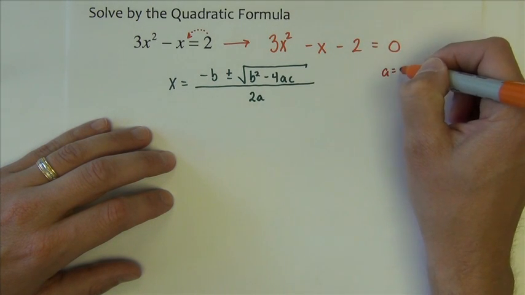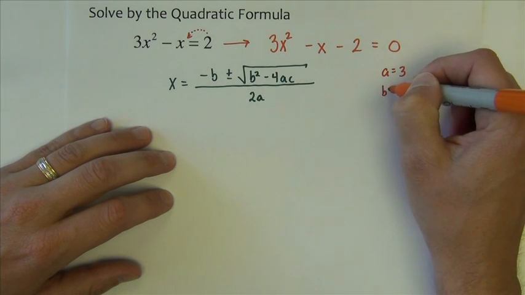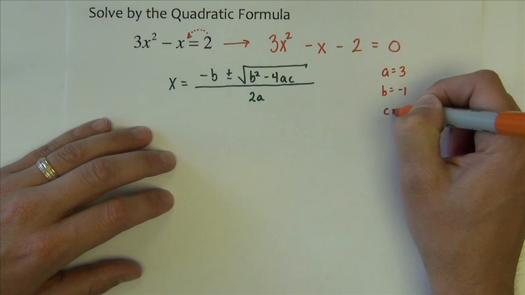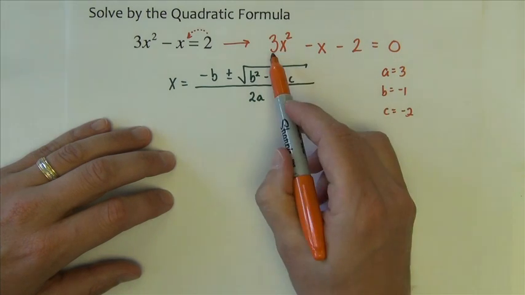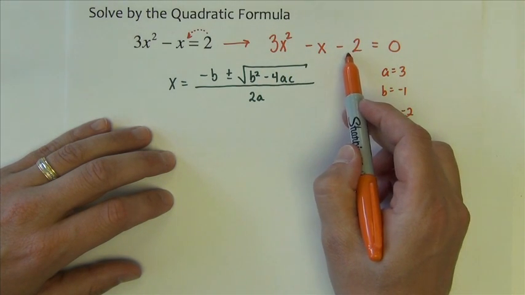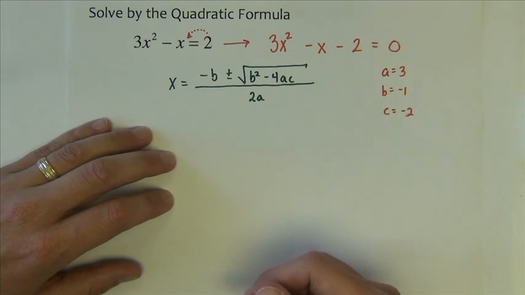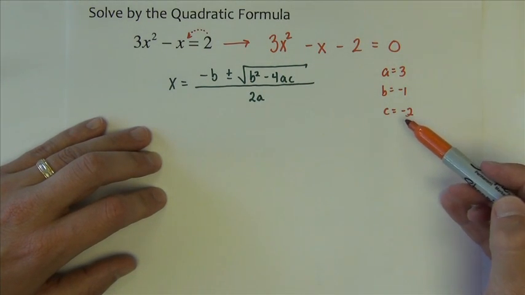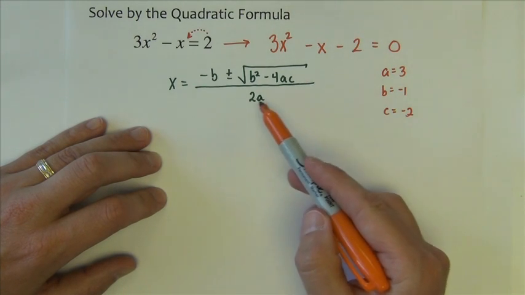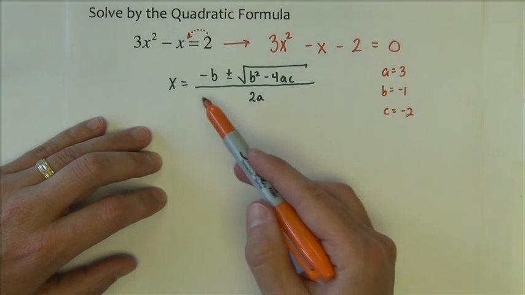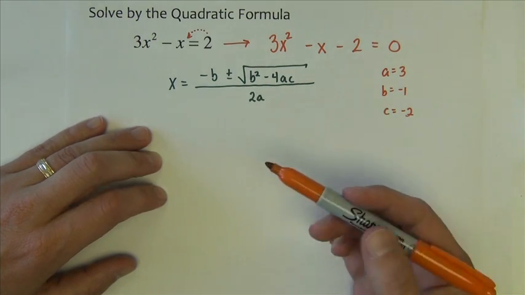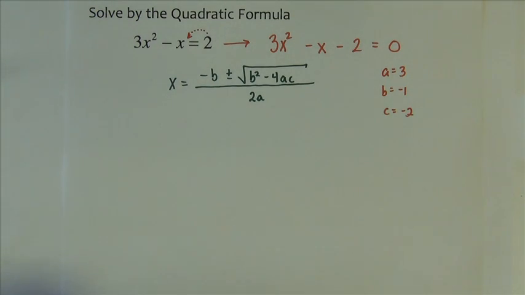The a is 3, b is negative 1, c is negative 2. Just A, then B, then C, in that order if we've got the terms in order. So we're just going to drop these three numbers into the variables respective of their position in the formula, and then we'll start working through order of operations from there.